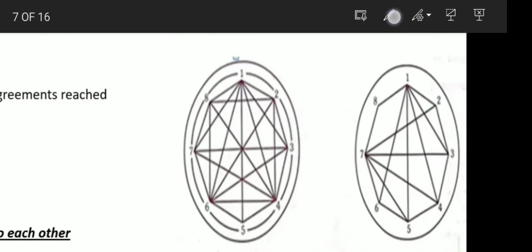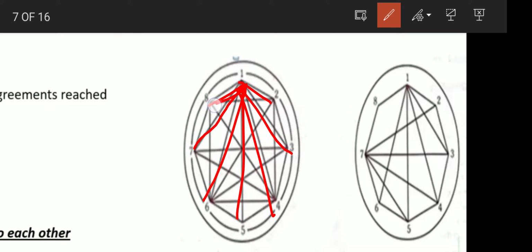In a good group discussion, there will be no limitation on the members. There will be equal participation from all the members of the group. You can see here, one is talking with 2, 8, 7, 6, 5, 4, 3.